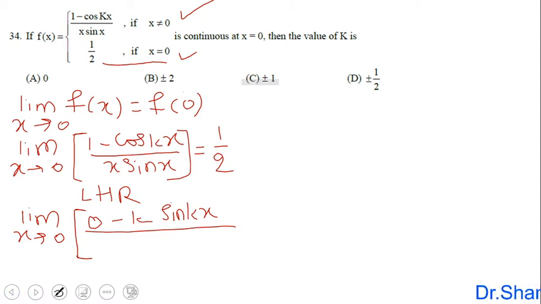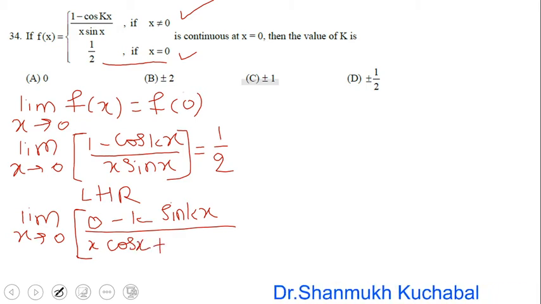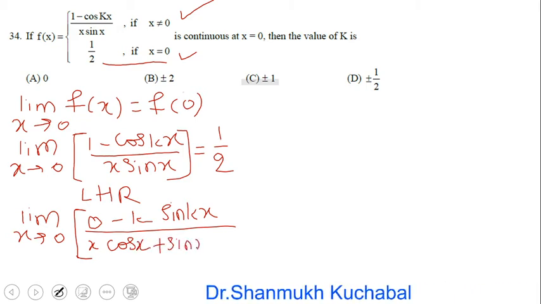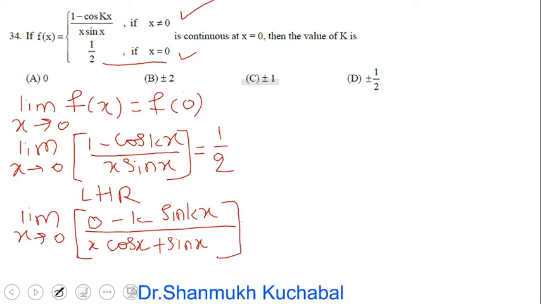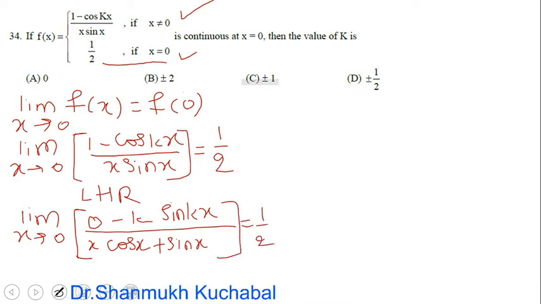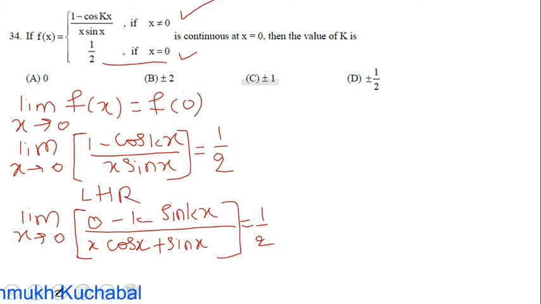So we get x cos x plus sin x here, and the RHS will be as it is, 1 divided by 2. If you put x equal to 0, once again we get an indeterminate form 0 by 0.